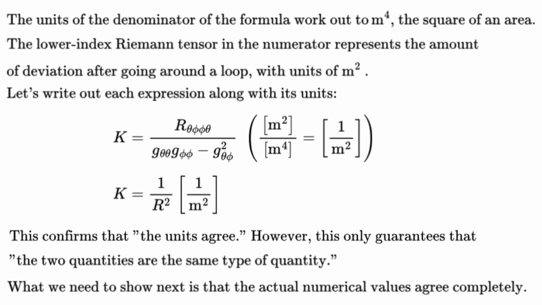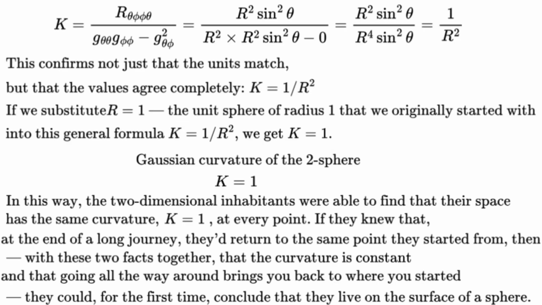However, this only guarantees that the two quantities are the same type of quantity. What we need to show next is that the actual numerical values agree completely. This confirms not just that the units match, but that the values agree completely, k equals 1 over r squared.